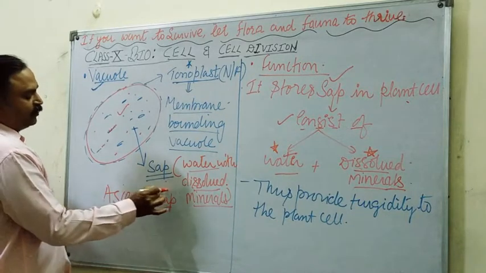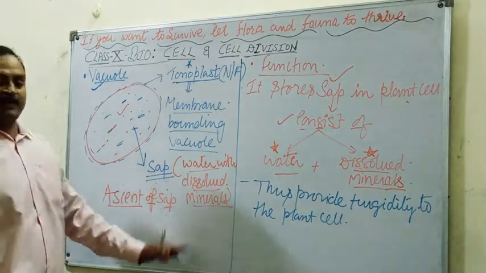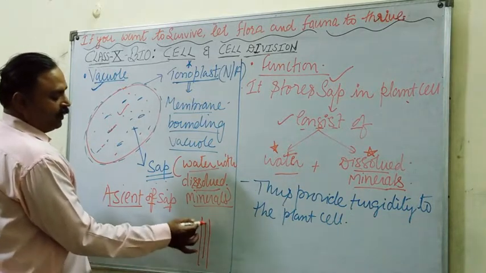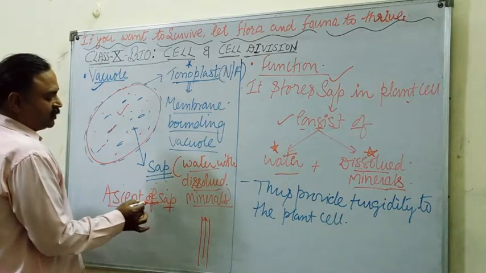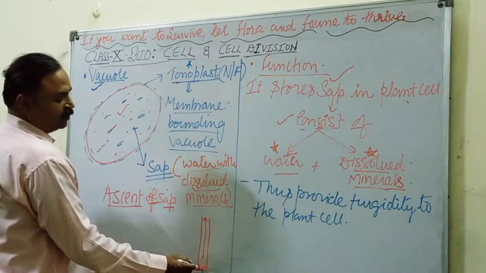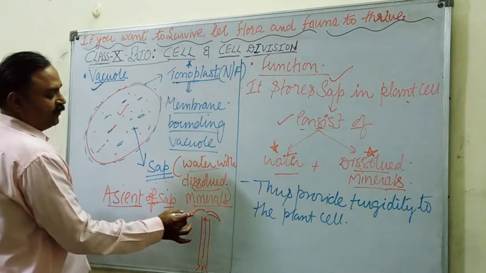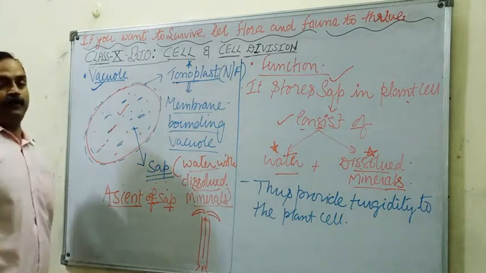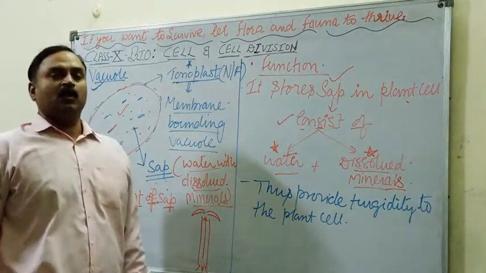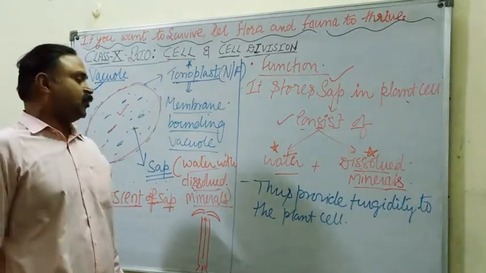So there you have to understand the definition of ascent of sap. Ascent means upward movement and sap means water with dissolved minerals, from root towards the leaf through xylem. So you are going to study that in detail in the forthcoming chapter, osmosis.